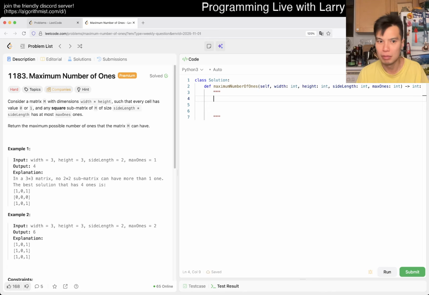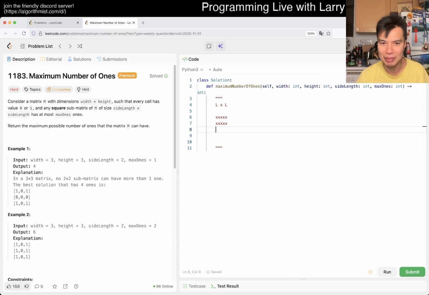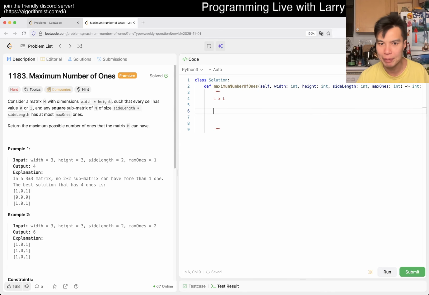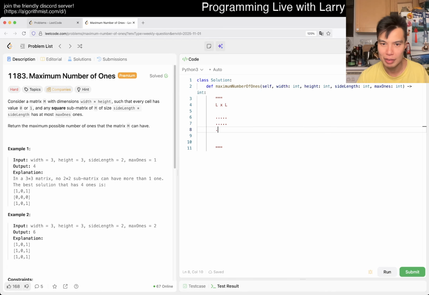And we don't want to maximize the number of ones. Without loss of generality, let's say we have some L by L square, right? Let's just say this is L. Then in a greedy way, you always want things to have two properties: one is near the top and also to the left.